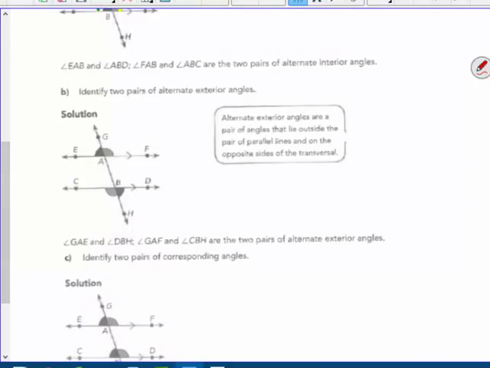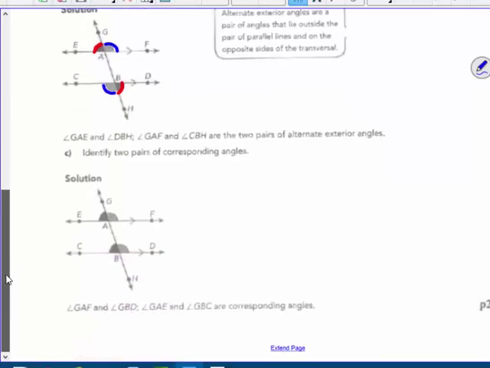Angle GAE, this red angle, and angle DBH, this red angle, are alternate exterior. One's on the left, one's on the right. And angle GAF, this blue angle, and angle CBH, this other blue angle, are alternate exterior angles. Alternate exterior angles lie outside the pair of parallel lines and are on opposite sides of the transversal.